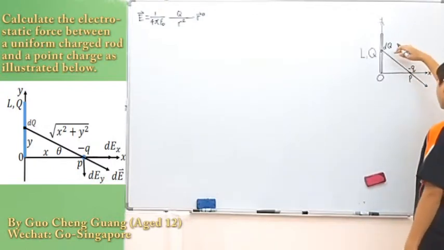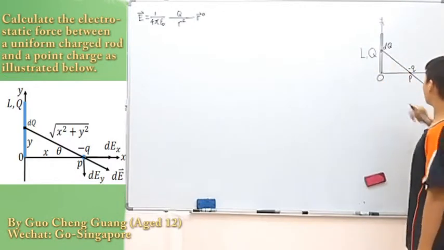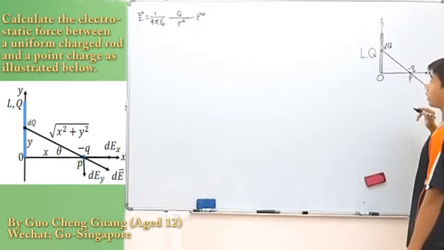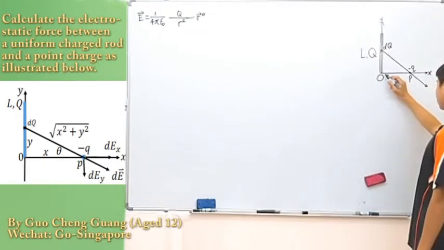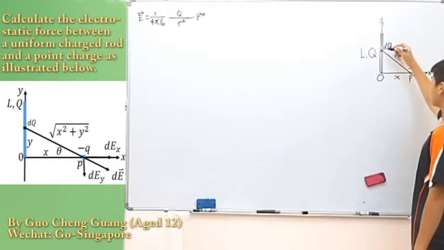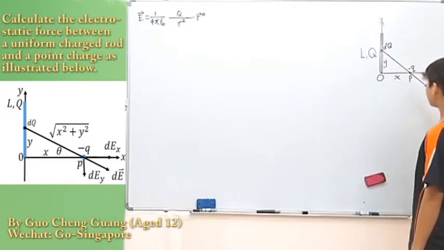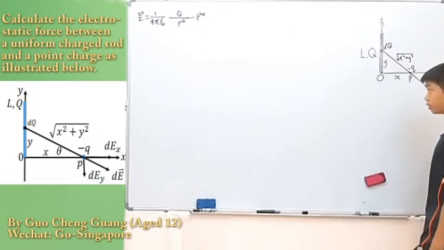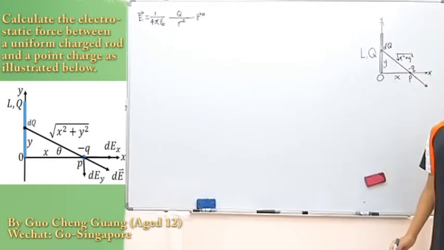So this is the part that you're going to have for your R. And when we're finding R, we're just going to let this part be X and here be Y. So to find R, you use the Pythagoras theorem and you get the square root of X squared plus Y squared. So this will be for your R.